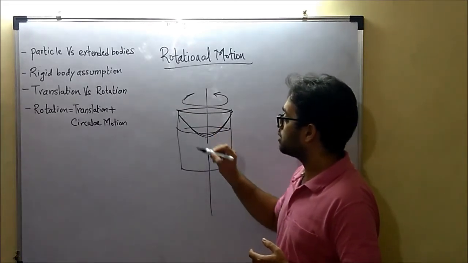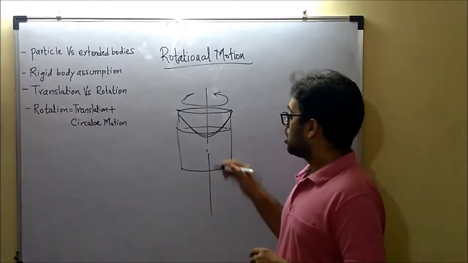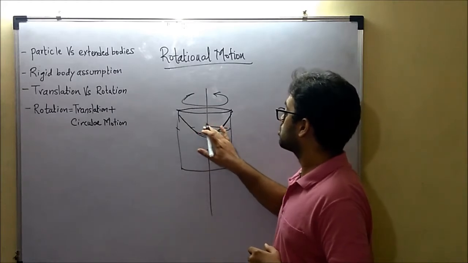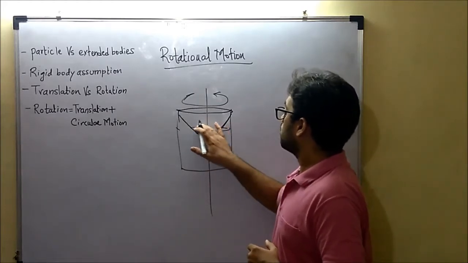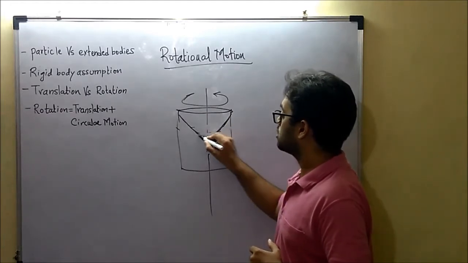This is a property that we will be discussing in the fluid statics chapter, not now, but just to show you what exactly is the difference between a rigid body assumption and a non-rigid body. So the particles of this particular fluid will arrange themselves in this fashion.